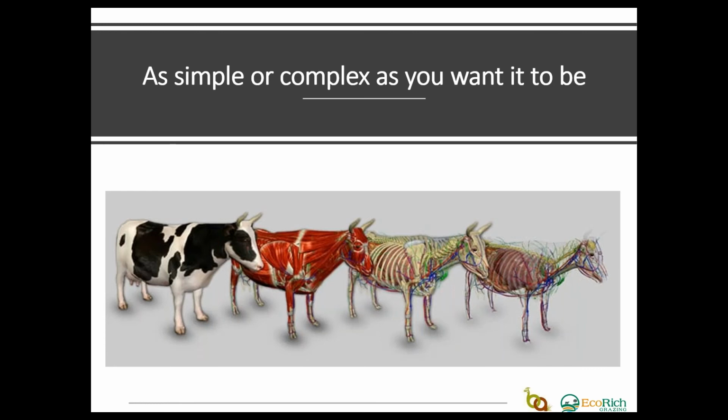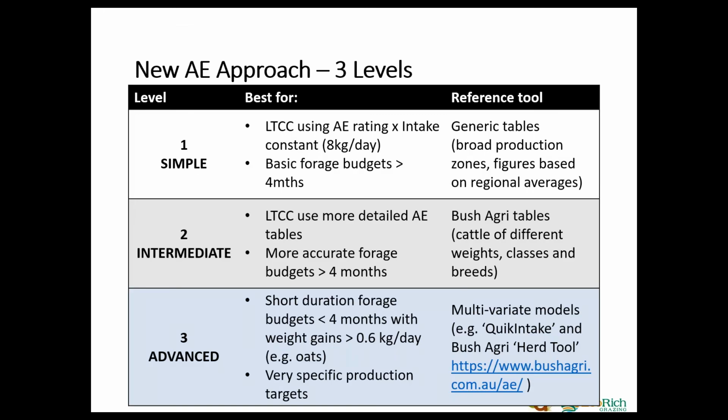And this is as simple or as complex as we want it to be. There are varying levels of approaches, and we try very hard to accommodate that. We know not everyone has good weights on cattle to be able to apply. So what we did was come up with different levels of approaches. We're able to use the Bray data again to come up with some generic tables, which I'll show.